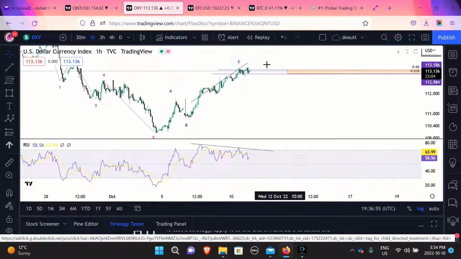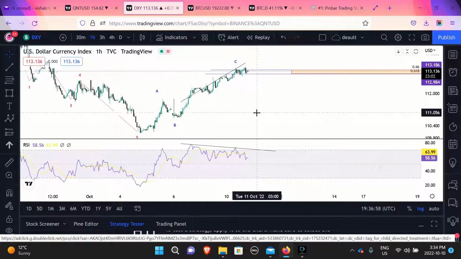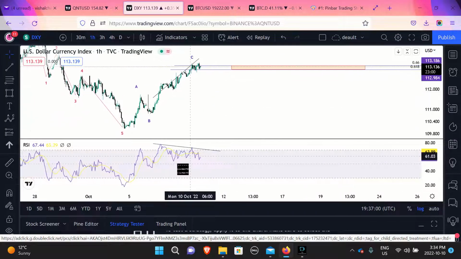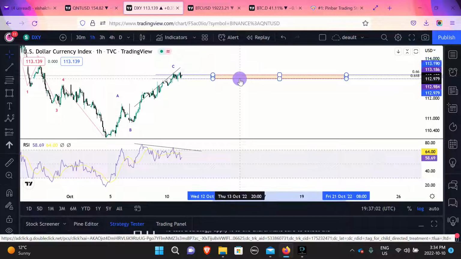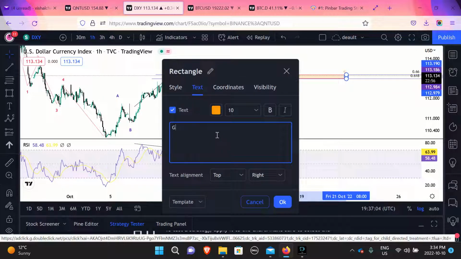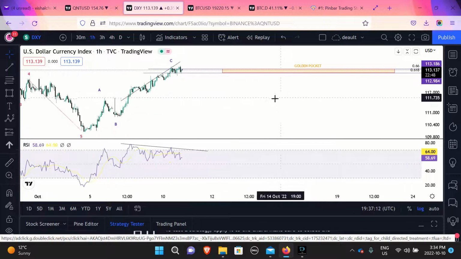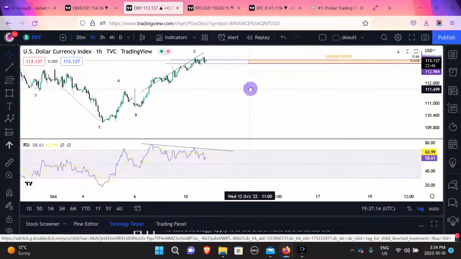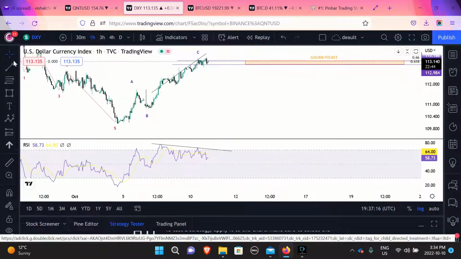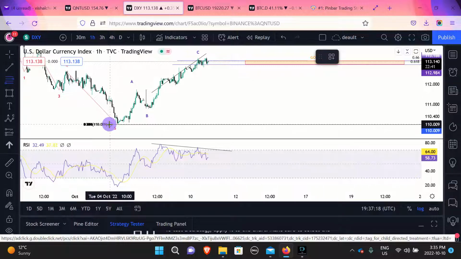We're making higher highs but lower highs on the RSI. So this is our bearish divergence over here. This is our golden pocket zone. And I expect us to break down from here, which would cause the altcoins to rally a little bit more.